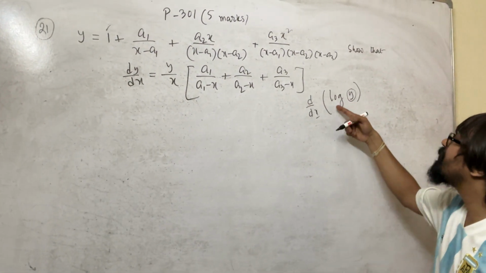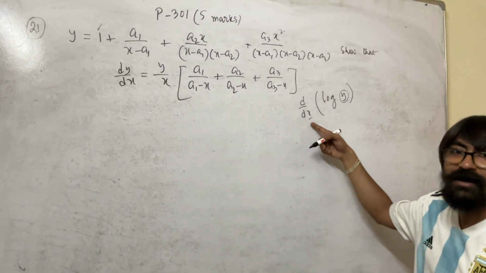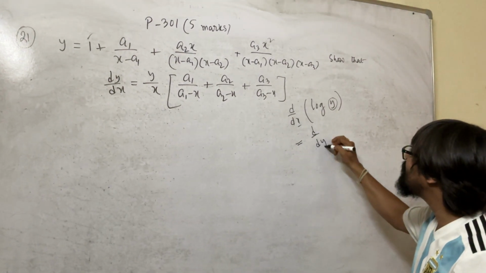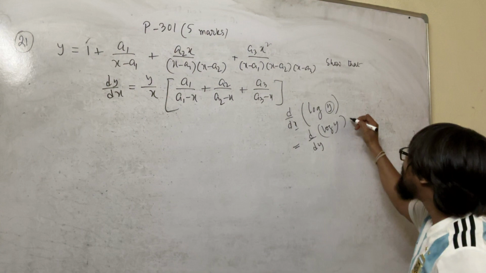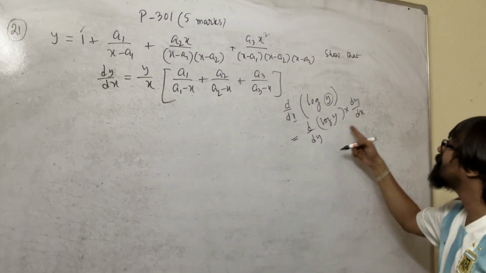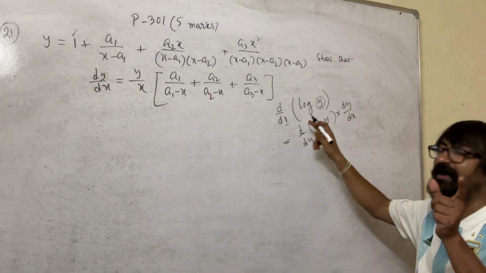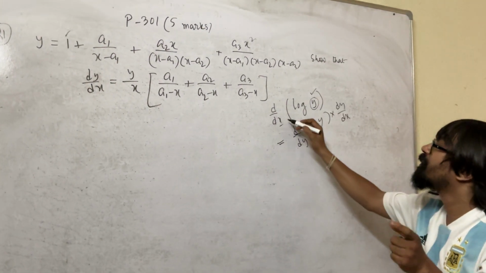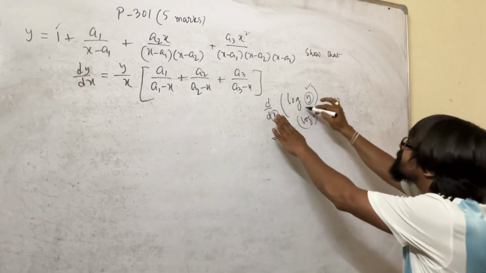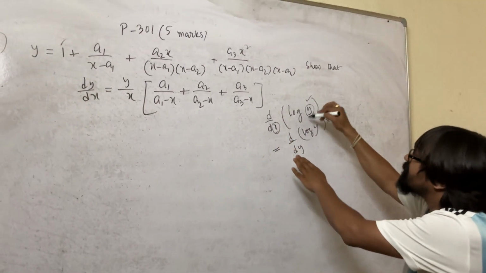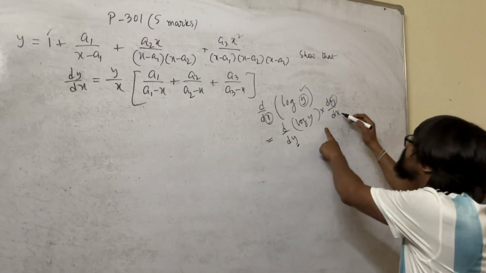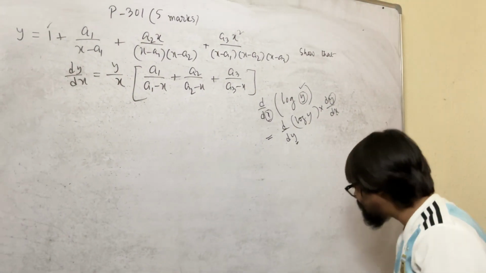So I cannot directly evaluate log y with respect to x, but for that, what we do is we first evaluate d/dy of log y, and then we do our dy/dx. So that's how I solve my problem of d/dx. That's how you solve any problem where there is another variable and you are differentiating with another variable. You first check how this function changes with respect to y, and then how this y was changing with respect to x. That's how it is done.